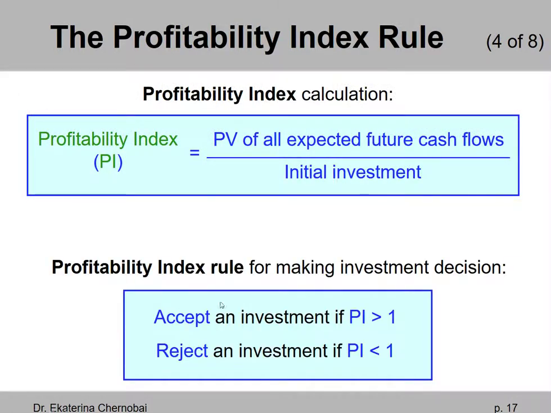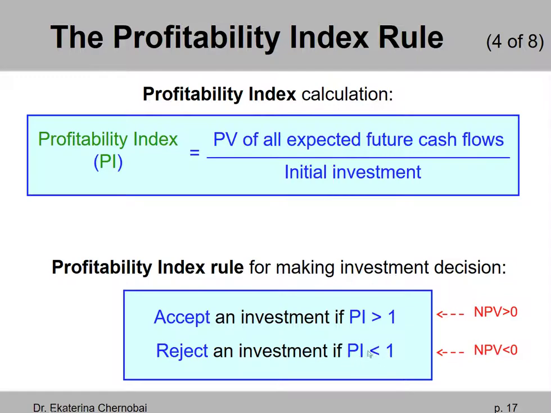So in fact, whenever the profitability index is above 1, it means we get more than $1 back per dollar invested. And that's when the project is accepted, right? Whenever that's the case, the net present value is a positive number. And a project should be rejected when your calculated profitability index is below 1, actually between 0 and 1.